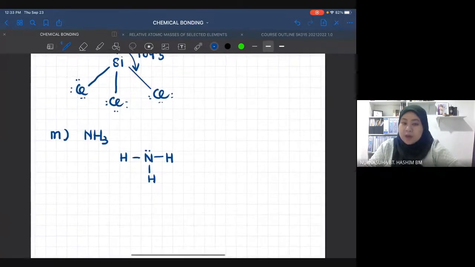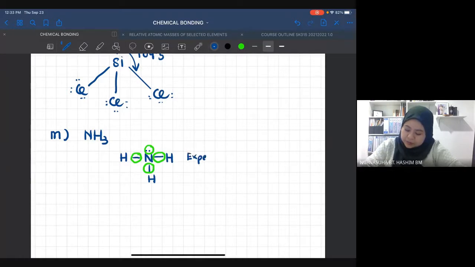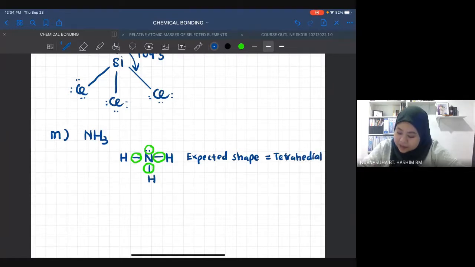This is the structure for ammonia. If we count the total electron pairs, you have 1, 2, 3, 4. So 4 total electron pairs. So we expect the shape, or geometry, to be tetrahedral because it has 4 electron pairs. So we draw a tetrahedral: 1, 2, 3, 4.